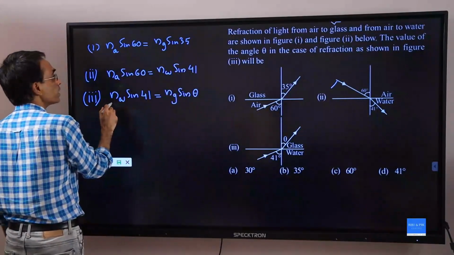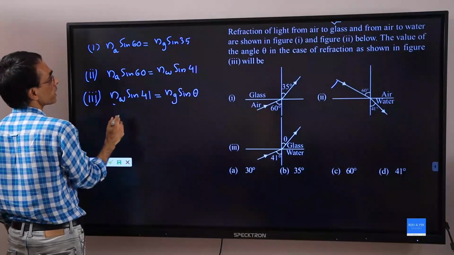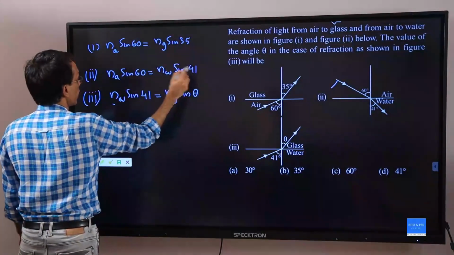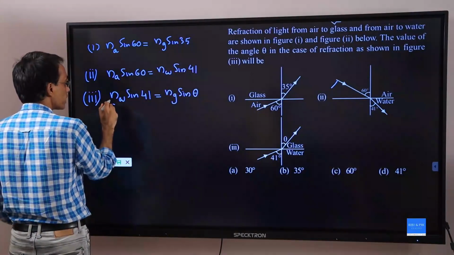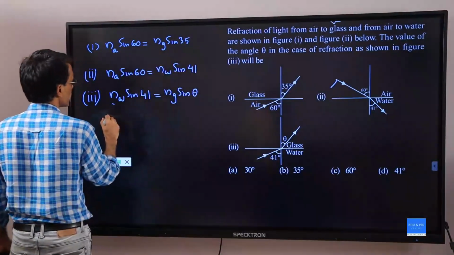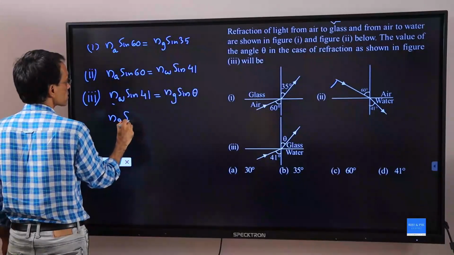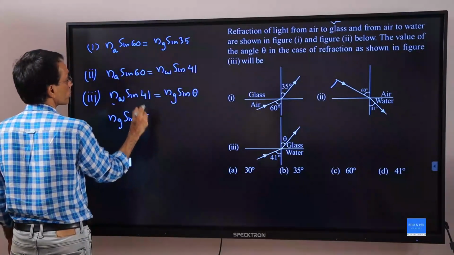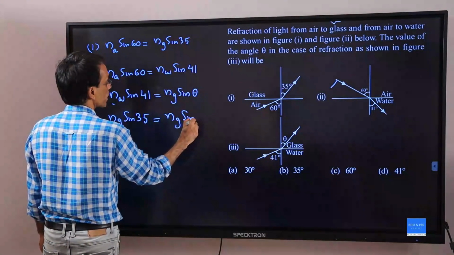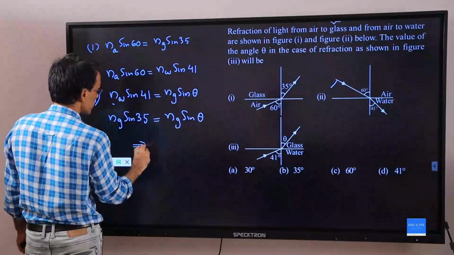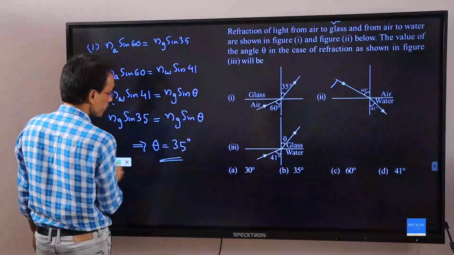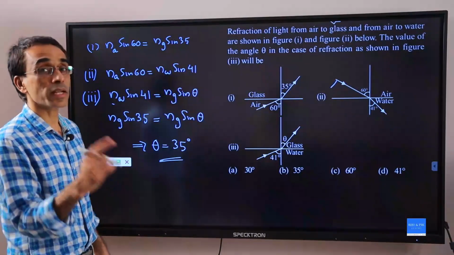So N water sin 41 is actually equal to N glass sin 35. From equations 1 and 2, N water sin 41 is equal to N glass sin 35. This is equal to N glass sin theta, which implies that theta is equal to 35 degree. Pretty easy. It tells you about Snell's rule.